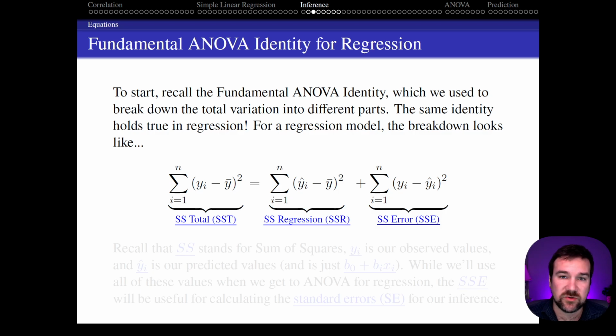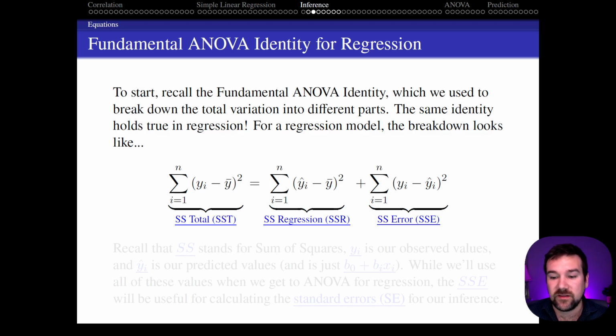Next, we have the sum of squares error. And if you think about errors, that is the difference between what we predicted and what actually happened. That's literally what this is. We take what actually happened, we see how far apart it was from what we predicted. That is, y, what actually happened, y hat, what we predicted, the difference between them, y minus y hat. We square each of those and we add them all up.